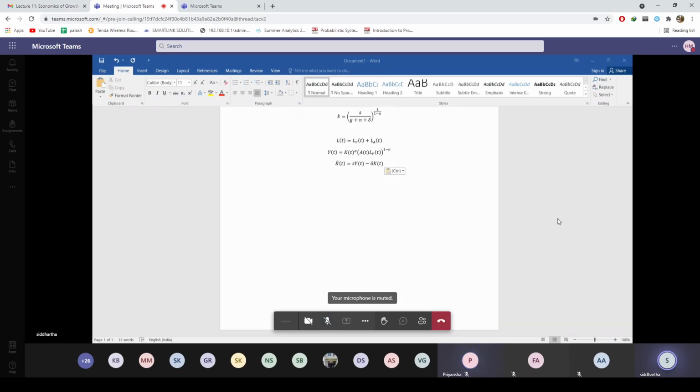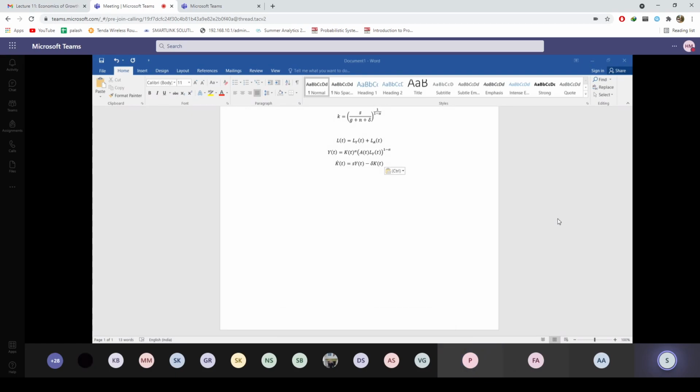When I introduce labor augmenting technological progress, KT is the input and the effective labor force, ATNT, is another input. So ultimately it was two inputs. Now I said KT is the input, AT is the input, NT is the input. So there are three inputs in the production function. You have to check what is the return to scale of the production function.